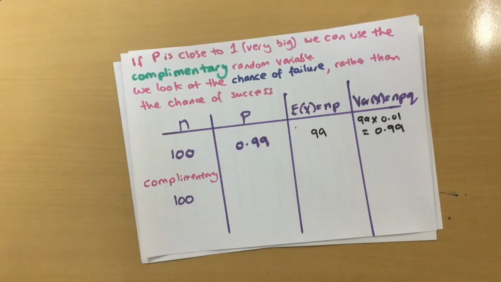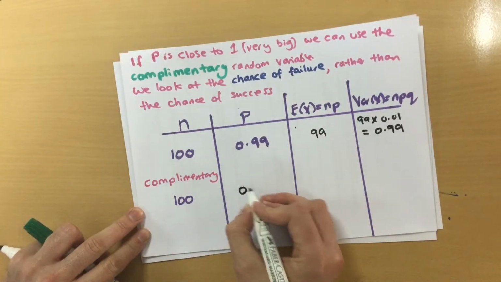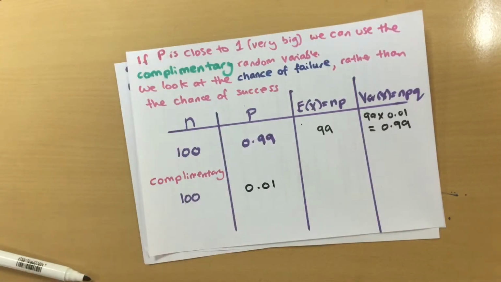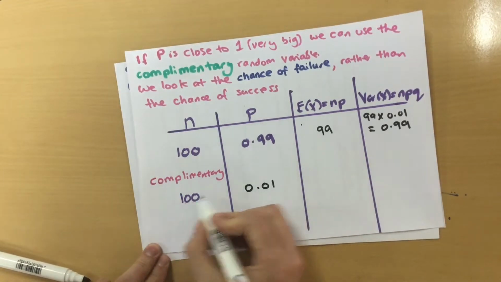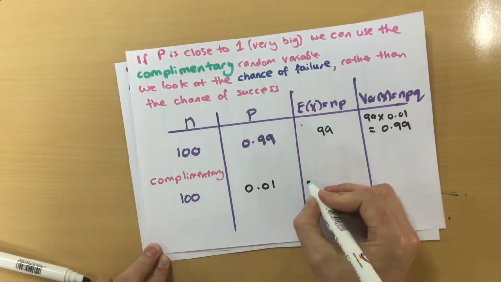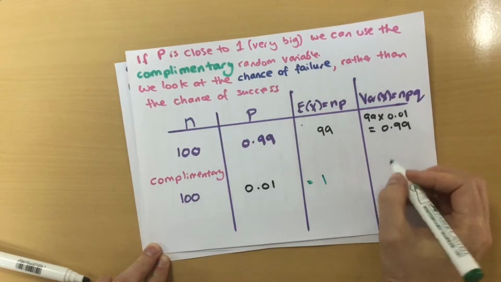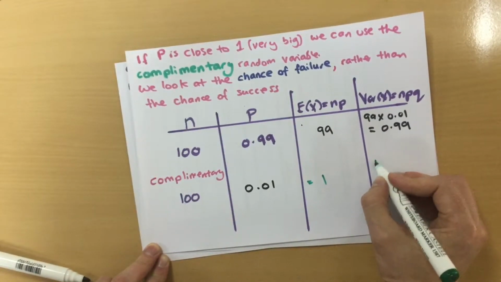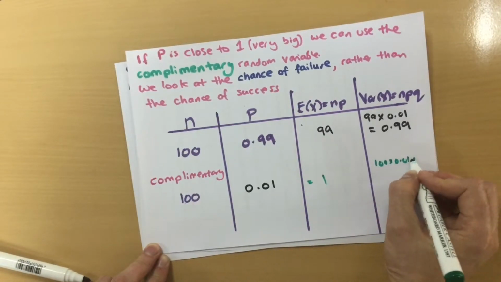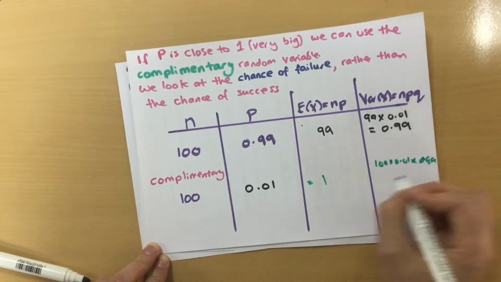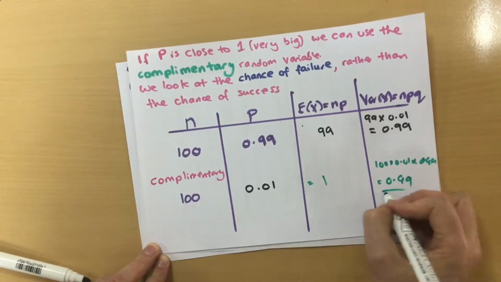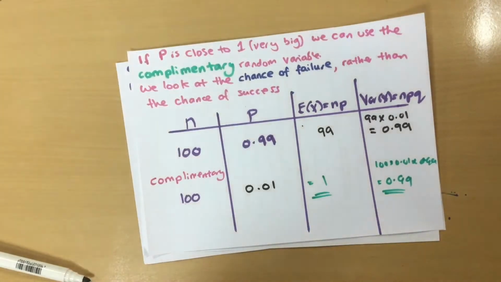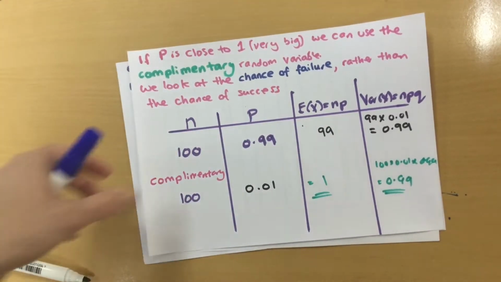In that case, our chance of failure is 0.01. Now, our mean is 100 times 0.01, which is going to be 1. And our variance is 100 times 0.01 times 0.99, which is 0.99. Now, they're almost exactly the same, and we can use our Poisson approximation by using the complementary.